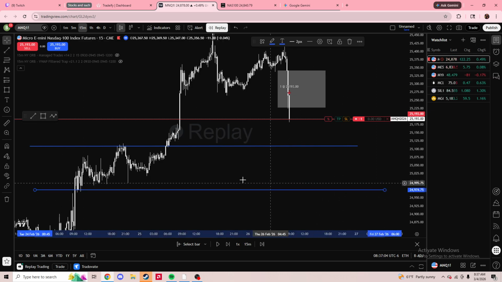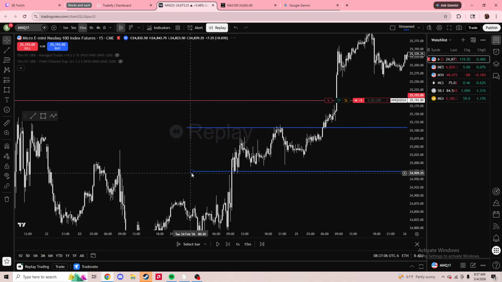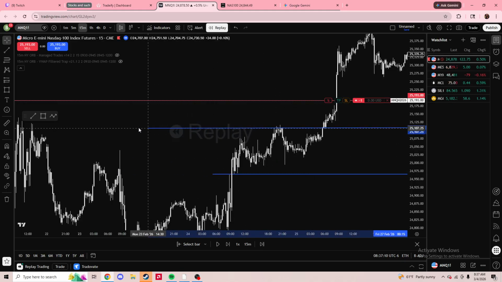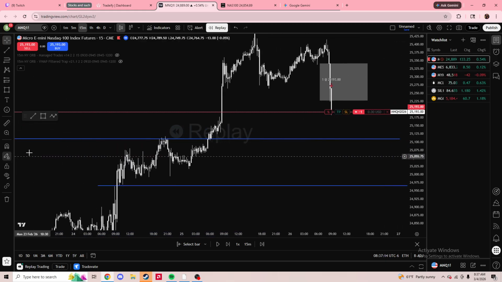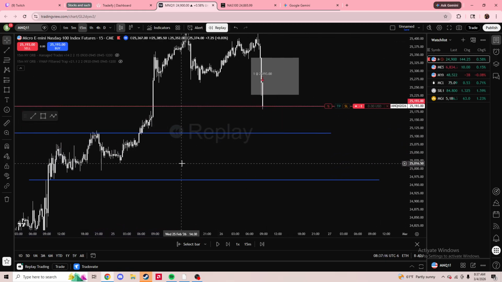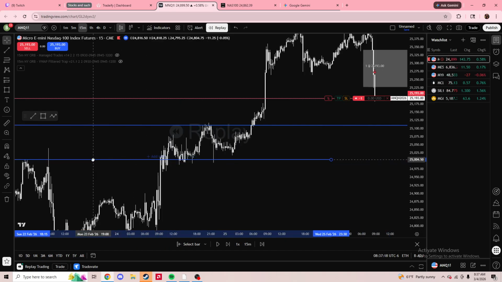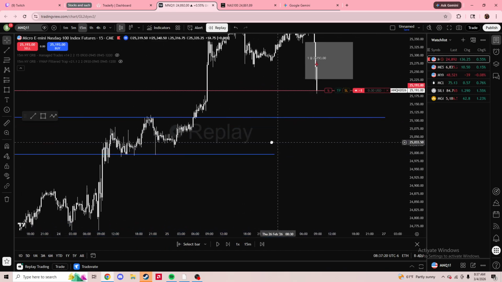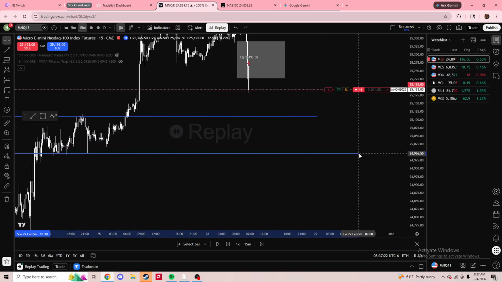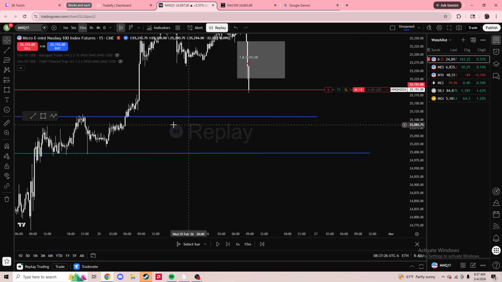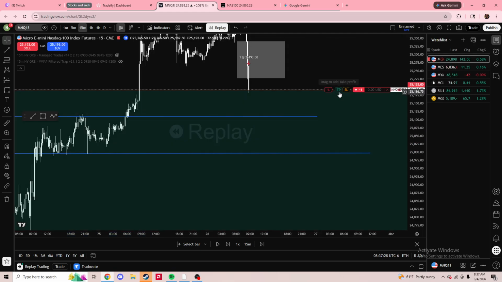Just kind of feel it out. So this zone comes all the way back here, around there. So that would be a safe bet. Even down here is an option, and I believe in this trade, it did come pretty far down.